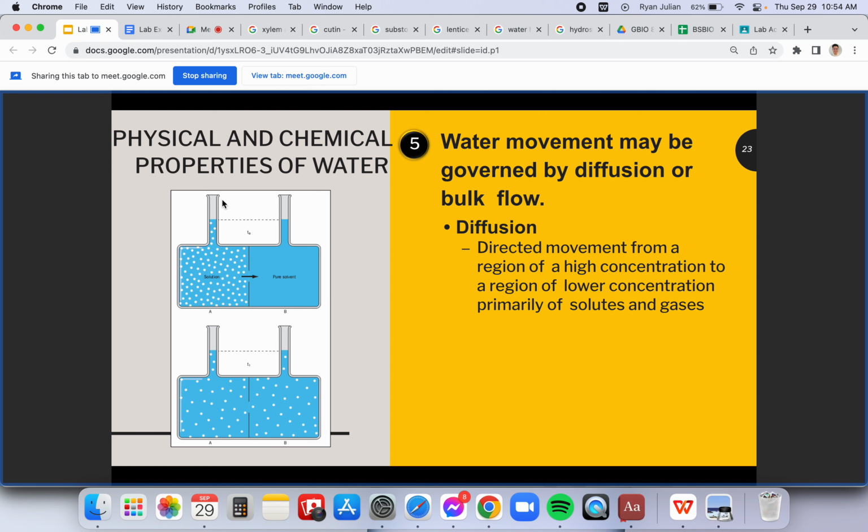So as you can see here on your screen right now, this is the initial appearance of the solution without undergoing diffusion. And once the diffusion occurs, it is very evident that the solution has been equally transferred to the pure solvent from a region of high concentration to a region of lower concentration, enabling the equilibrium of the solute particles.